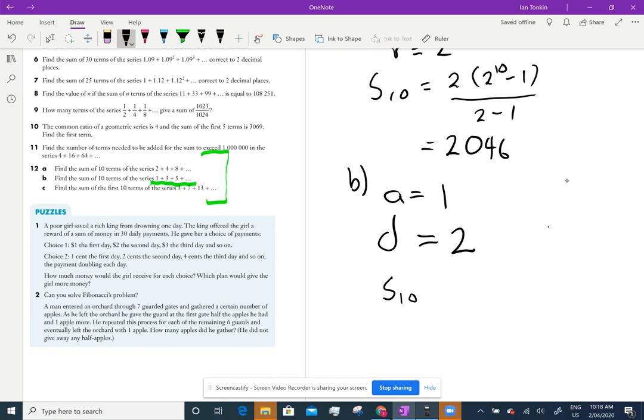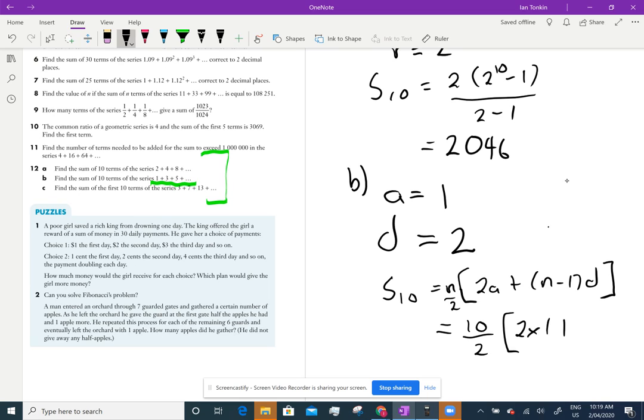Okay, so now I have to use this. S of 10 equals n over 2 times (2a plus (n minus 1) times d). So 10 over 2, times (2 times 1 plus (10 minus 1) times 2).